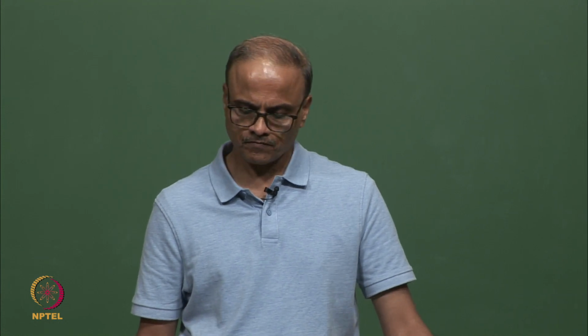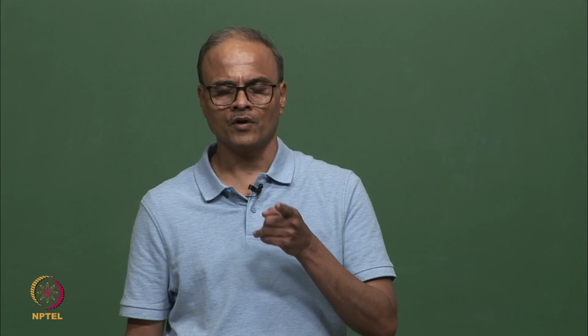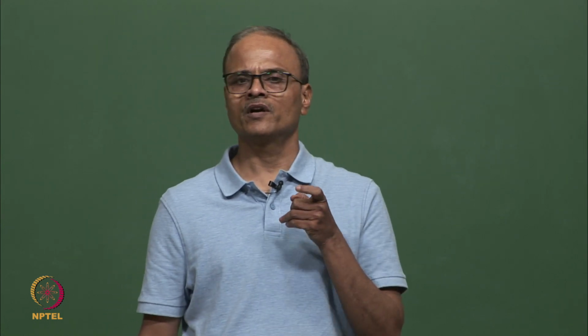Another advantage is that measurement from a large distance is possible. Even from something like 100 meters away, measurements can be done, because the laser beam is a very coherent beam, so it can travel over large distances.